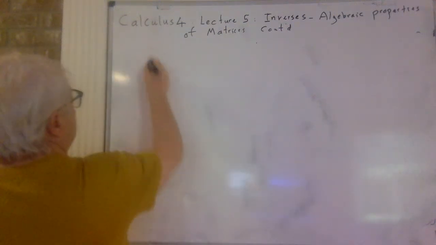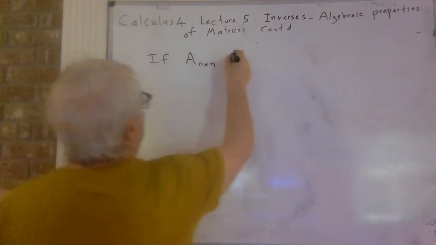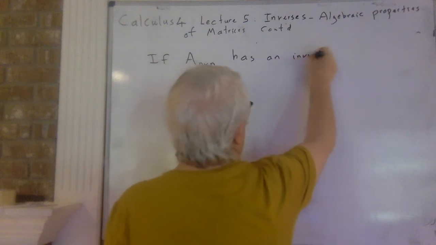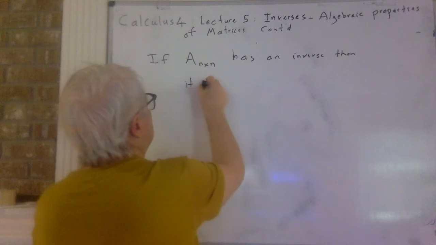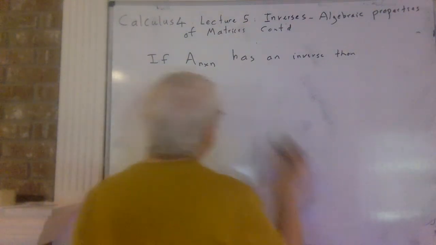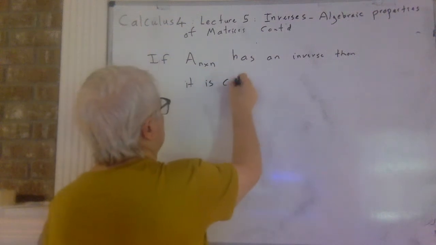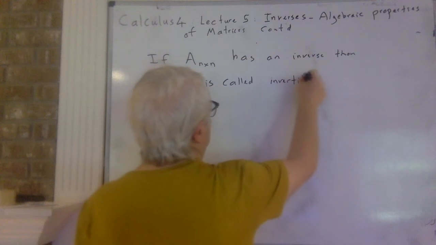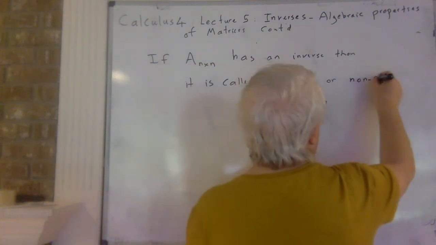Now, if A, n by n, has an inverse, then it is called invertible or non-singular.